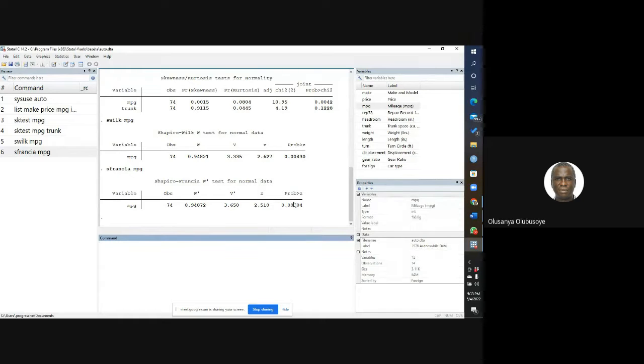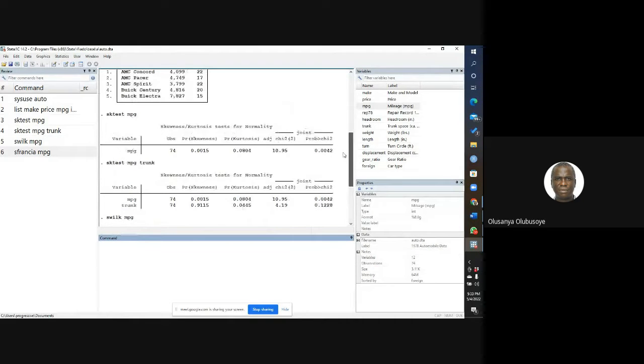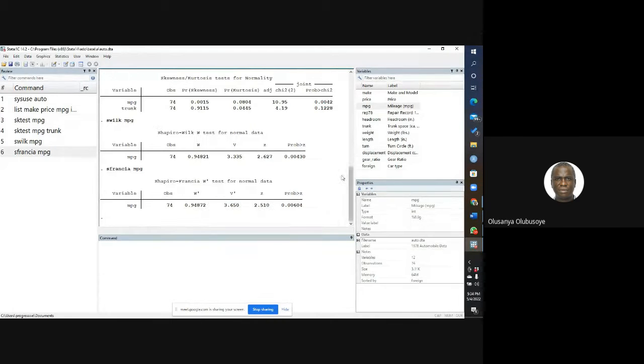So the three tests agree, whether you use the skewness kurtosis test, the Shapiro-Wilk test, or the Shapiro-Francia test. This is the kind of thing you should always do: use different tests to really establish the truth about the distribution.